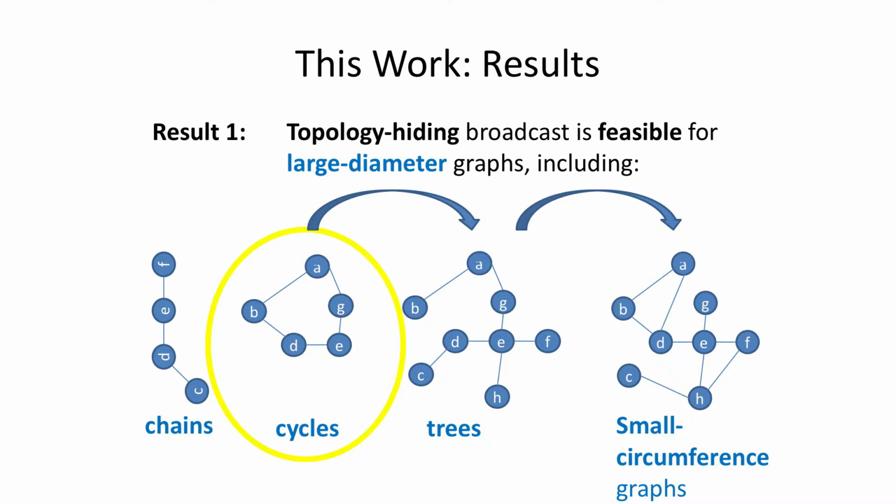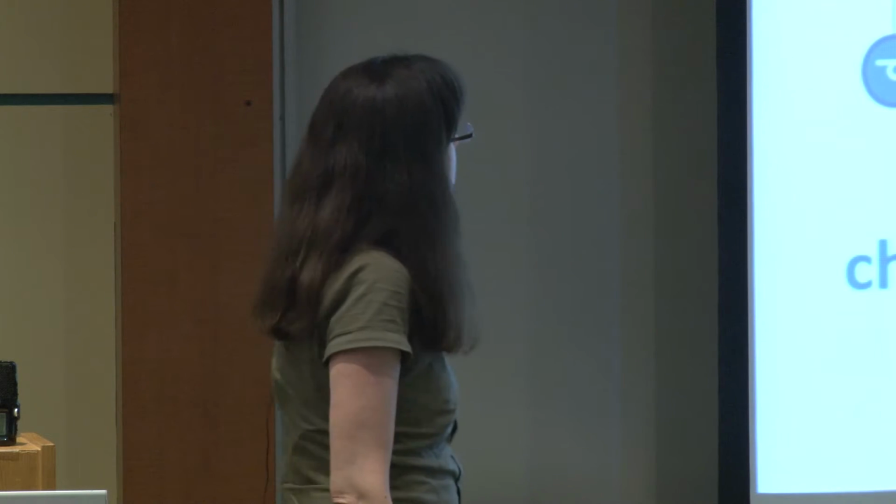What type of large diameter graphs do we handle? First, the chain. The chain has the highest possible diameter, diameter n. Also cycles, again of utmost diameter. Also trees, or small circumference graphs. Circumference is the length of the longest cycle. So we allow cycles, not just trees, but the cycles have to be short, up to logarithmic length.